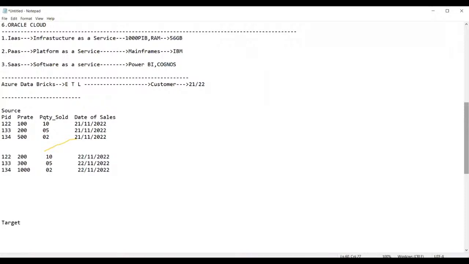Now as you have these two days of data, tell me, is there any difference in the sales from 21st to 22nd? Yes, there is a difference.